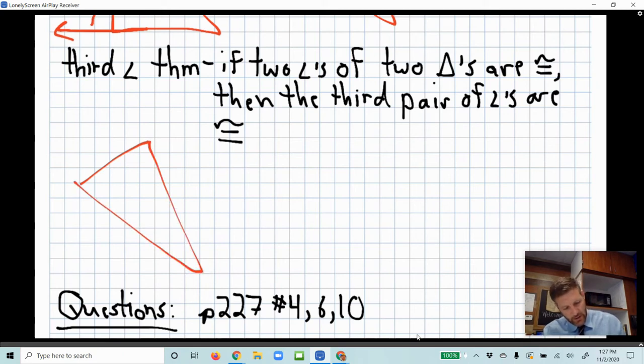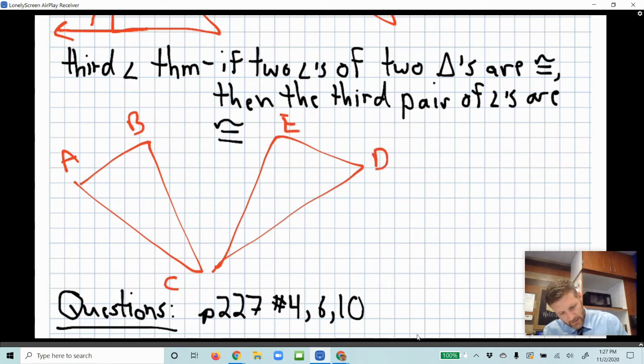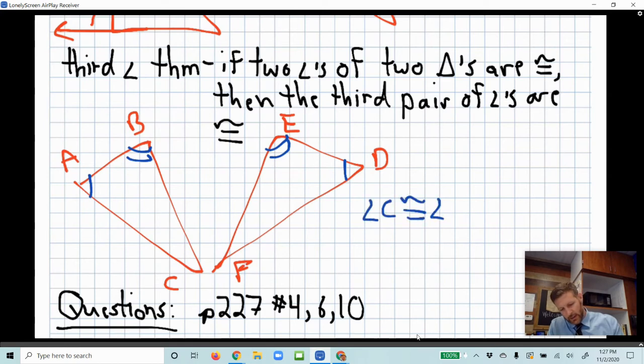So say we have two triangles like this, and I'll go ahead and label them A, B, C, and D, E, F. And this is saying if you have two triangles and you know that, I'm going to do this in blue, angle A is congruent to angle D, and angle B is congruent to angle E, then I know that angle C must be congruent to angle F.